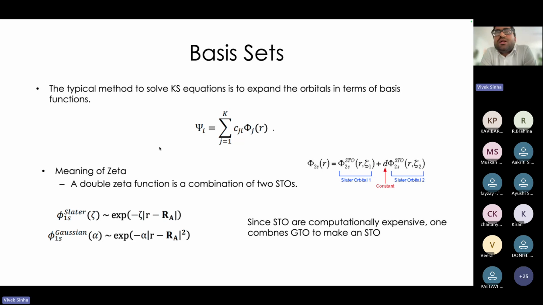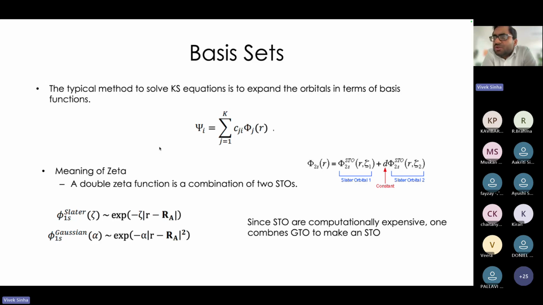A typical method to solve quantum equations is that you take a basis set. What do you mean by a basis set? Let's do a very simple example. Let's say I want to describe a point in space in my room, a point on my wall. How will I describe it? I will take the x-axis, y-axis, and z-axis, right?